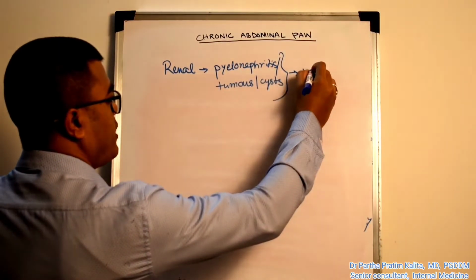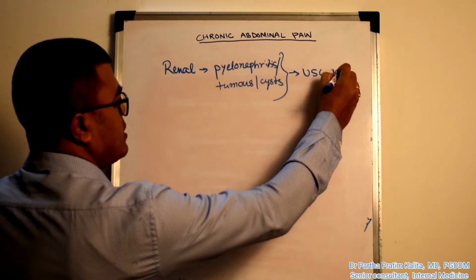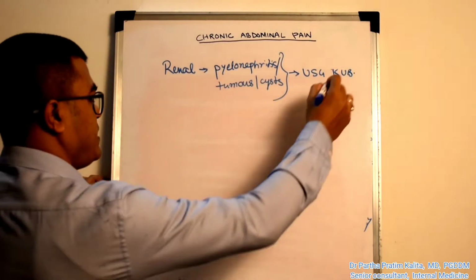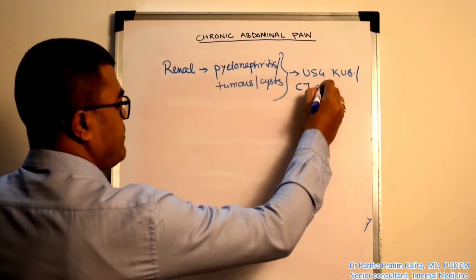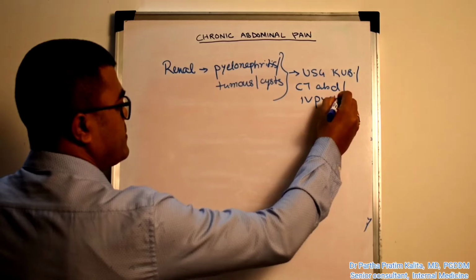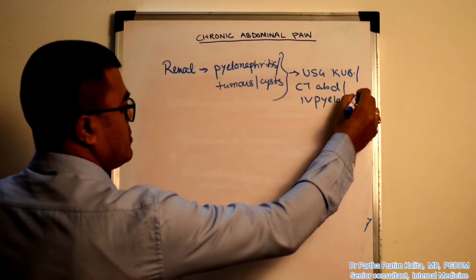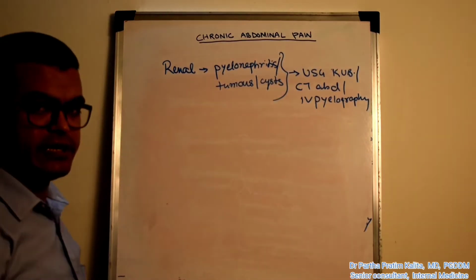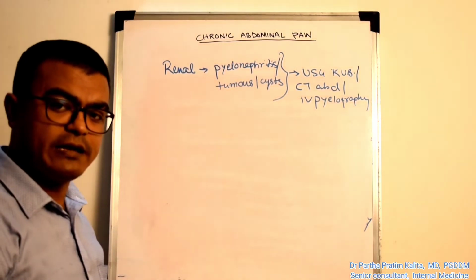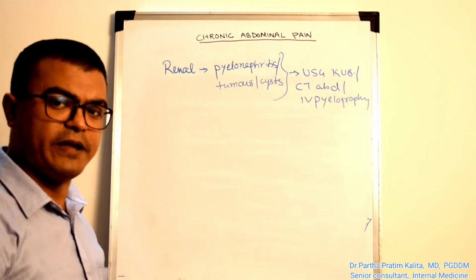Here we can go for ultrasound of the KUB, that is kidney, ureter and the bladder. We can go for a CT abdomen, or we can go for IV pyelography. So these are the investigations which will diagnose any problem in the renal system that can cause chronic abdominal pain.